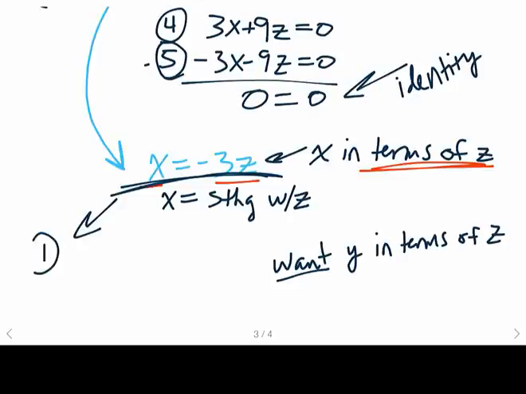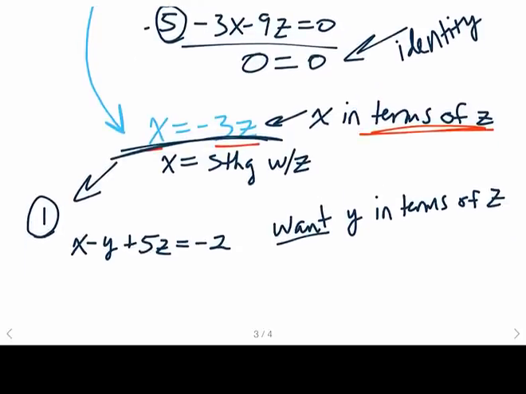Looking them over, I'd like to put that into equation 1. Let me rewrite equation 1. Remember, it was x minus y plus 5z equals negative 2. And we're going to substitute x is negative 3z. So negative 3z in place of x. The rest of it comes along for the ride. Minus y plus 5z is equal to negative 2.